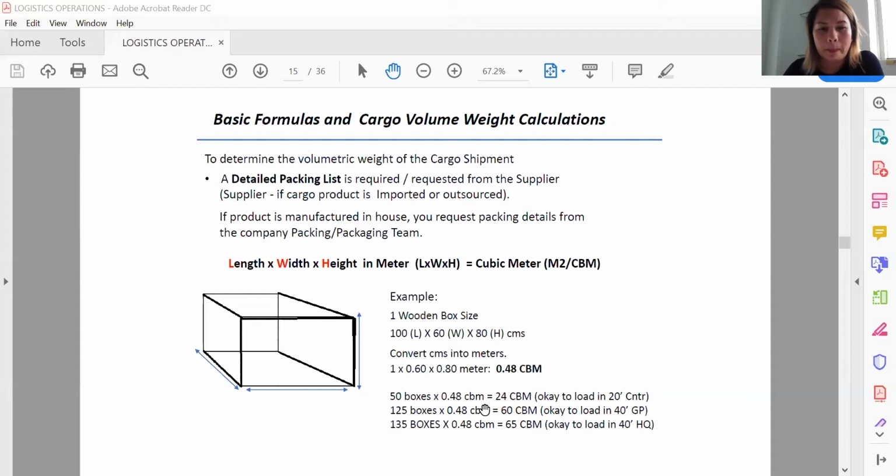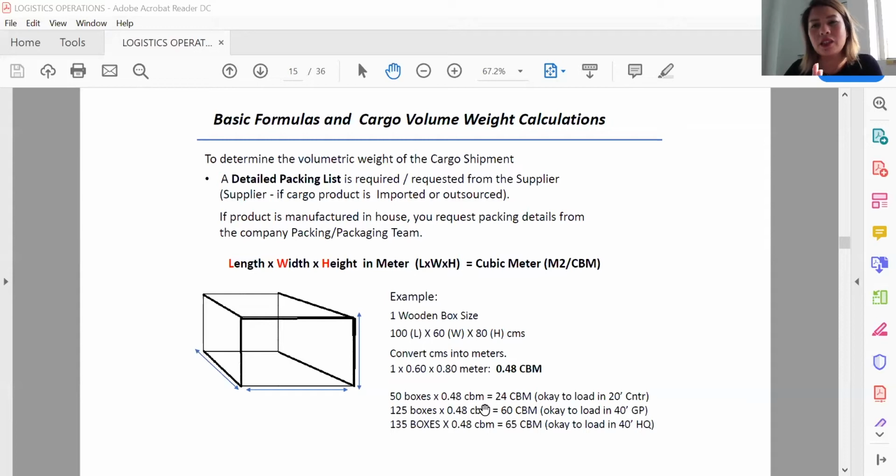Anyway, just bear in mind that for you to be able to give accurate quotations, you need to demand detailed, clear packing details. The packing details or the packing list should have the 3 dimensions: length, width, and height.